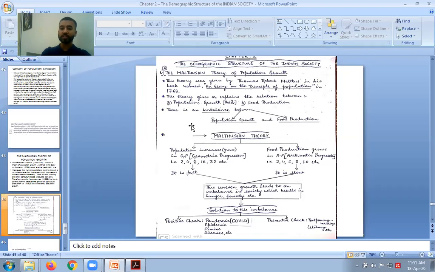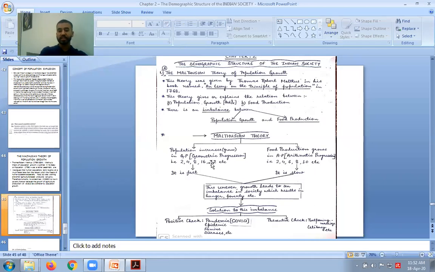So how did he express population growth and food production? He used two different things: GP means geometric progression and AP means arithmetic progression. He used geometric progression for population growth and arithmetic progression for food production. He said that population growth is fast, while food production is slow.